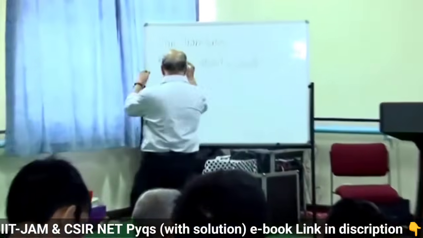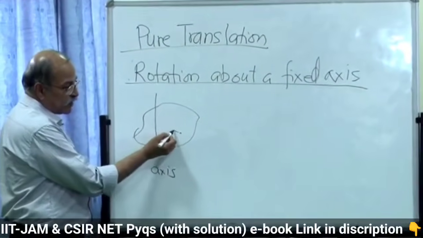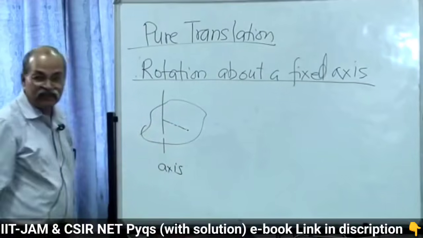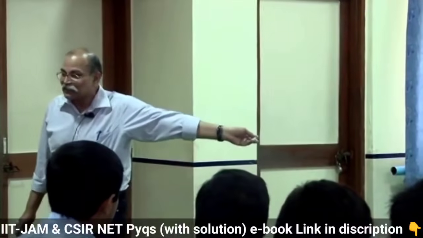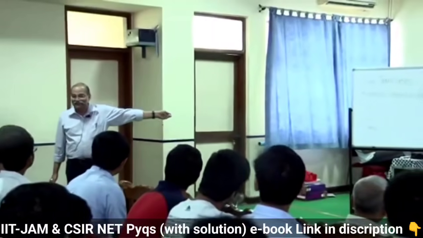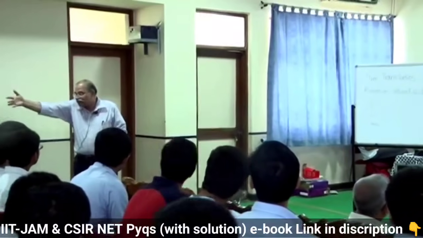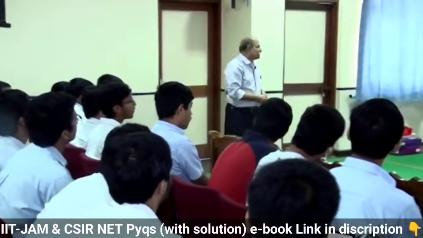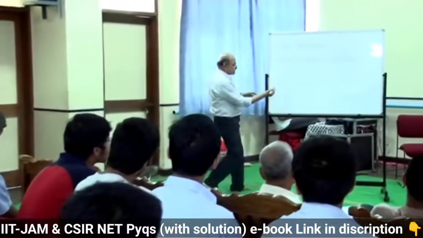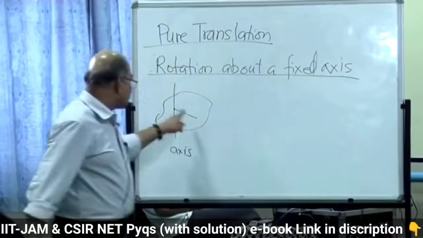I have this axis, I have a body, pick up any point and drop a perpendicular. Why did I draw this peculiar perpendicular? It doesn't look like 90 degrees. Yeah, I am allowing the particle to be out of the board, and from there I am drawing this perpendicular. And so this is going in a circular path. Here is the center. I have dropped the perpendicular, remember.